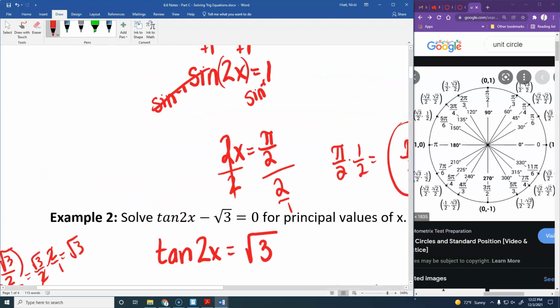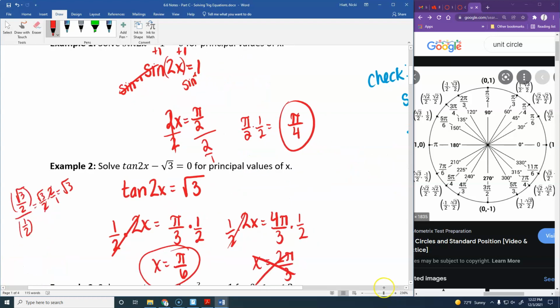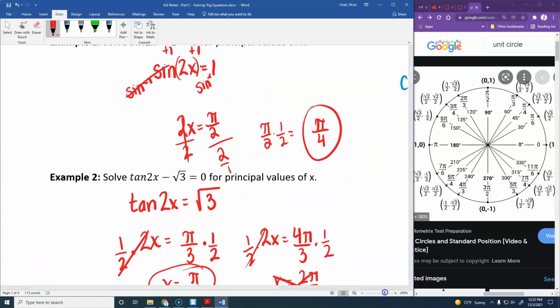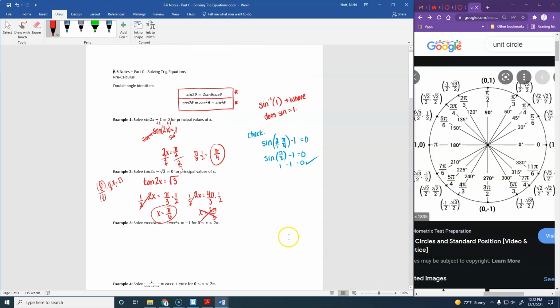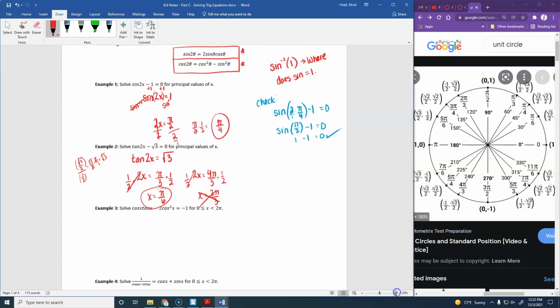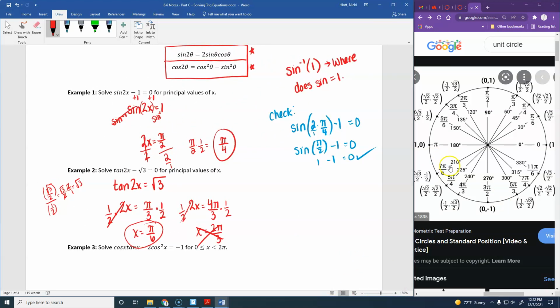If I used negative radians for 4 pi over 3, Paul, what would that be? So if instead of going around in the counterclockwise direction, what if I started here and went backwards?